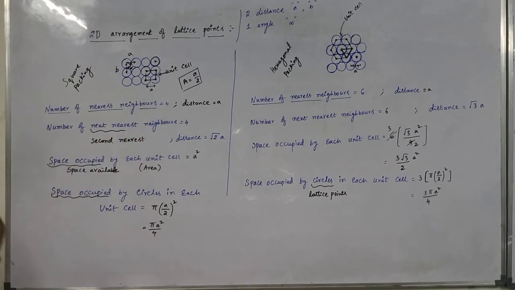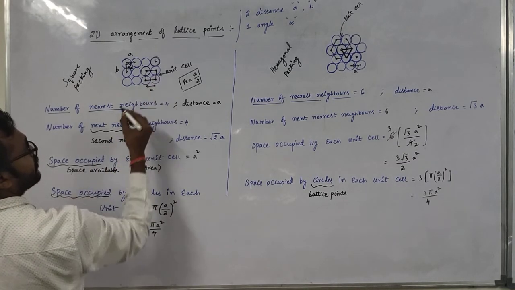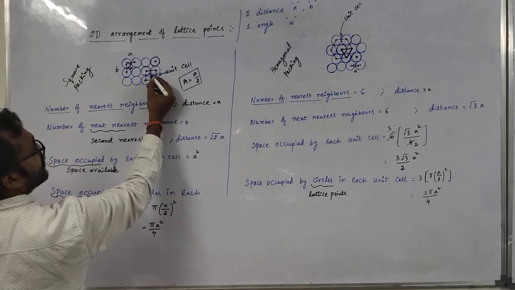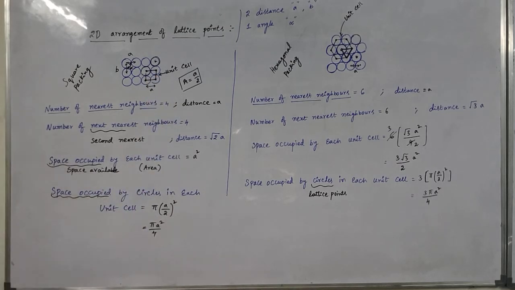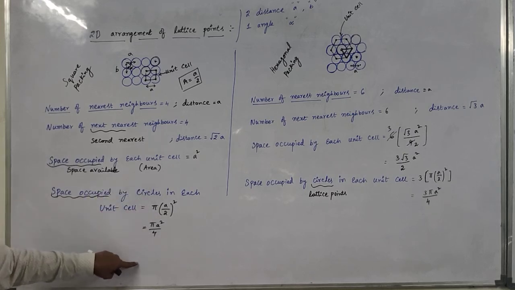Now what is the empty space? This gap is empty, no? So what is that empty space value? Can I subtract these two? Yes, that is the empty space, right?